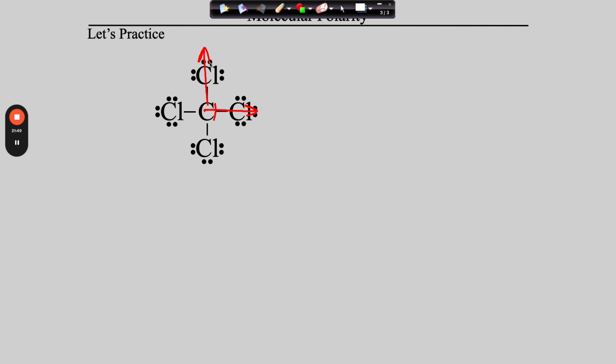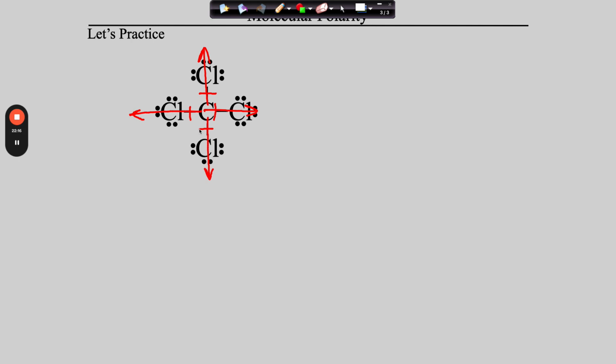What these arrows represent is the fact that the chlorines are literally tugging at this carbon in all 4 directions. Again, all you did was draw arrows at the more electronegative element and then cross the other end, indicating that the carbon would therefore be a little bit positive and all the chlorines are a little bit negative.